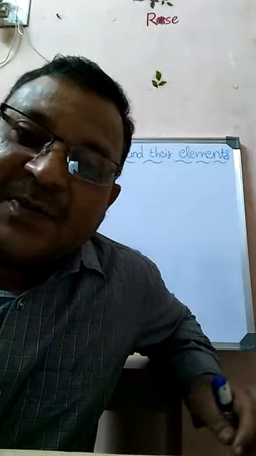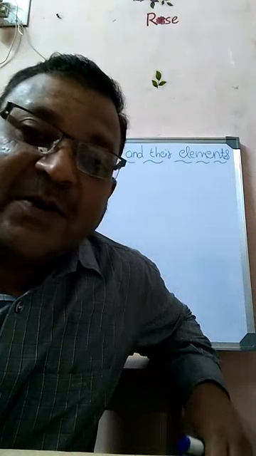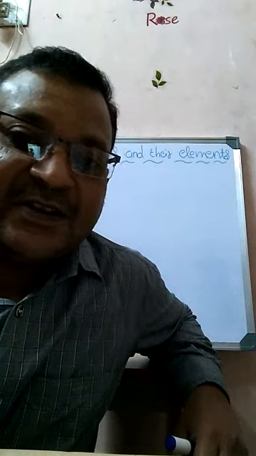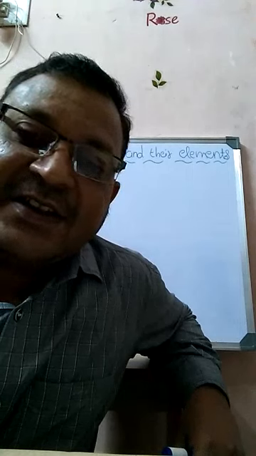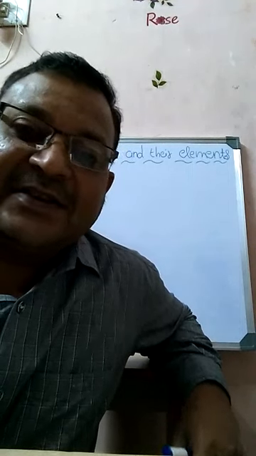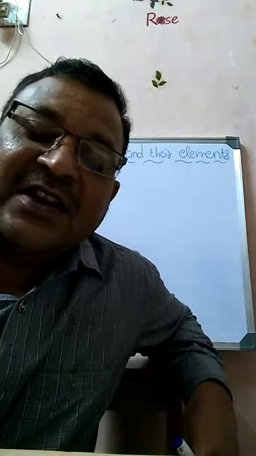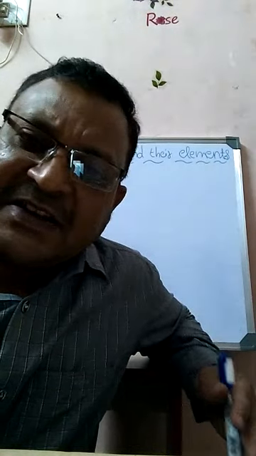Now the next topic in this chapter is about three-dimensional figures. That means 3D figures and their elements. So we are going to see some different shapes of 3D figures. What is 3D? 3D means three-dimensional figures.